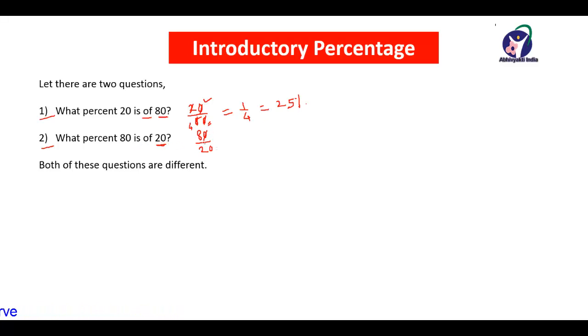So 80 by 20, 0 will get cancelled, 2 1s are 2, 2 4s are 8, so it is 4.0. We shift the decimal point 2 digits to the right to get the percentage, so it will be 400%. So what percent 80 is of 20? It is 400%.